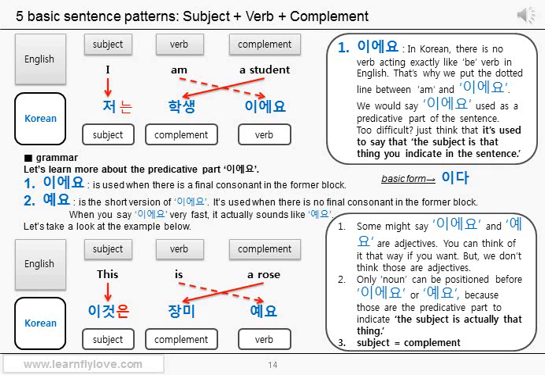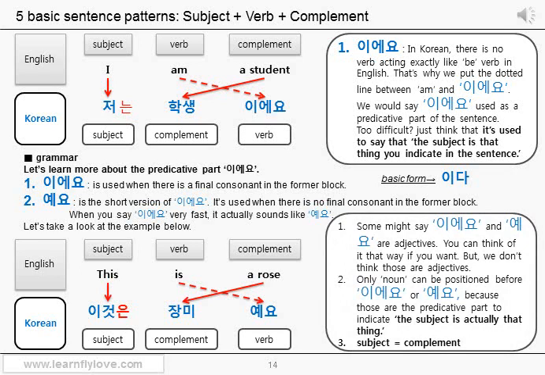The last letter of the formal block, 미, doesn't have a final consonant. So you use 예요 instead of 이에요. 이것은 장미예요. More naturally pronounced, 이것은 장미예요. Let's see the box on the right.